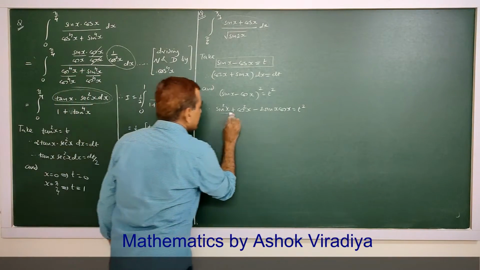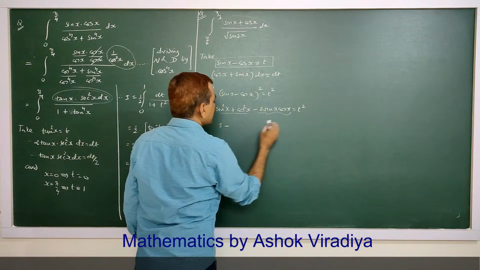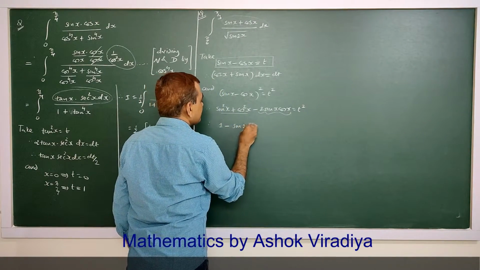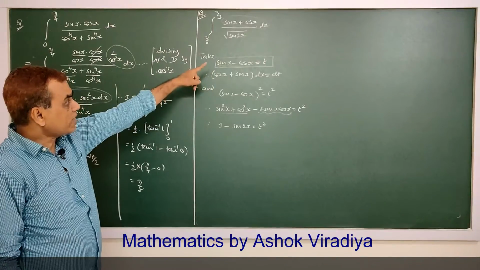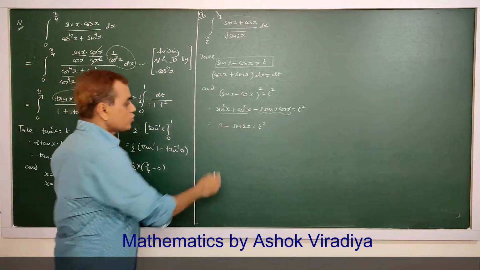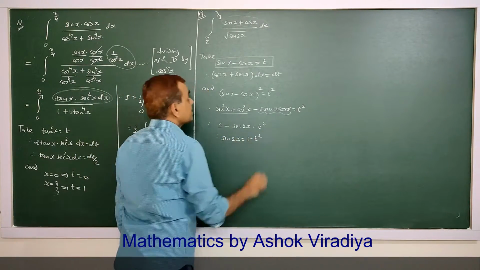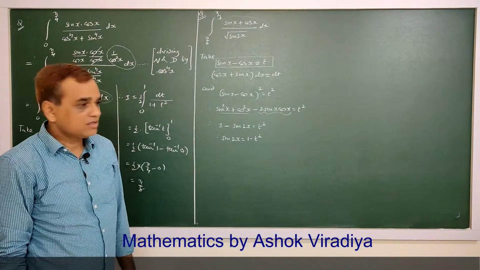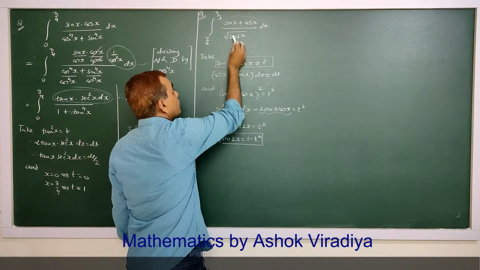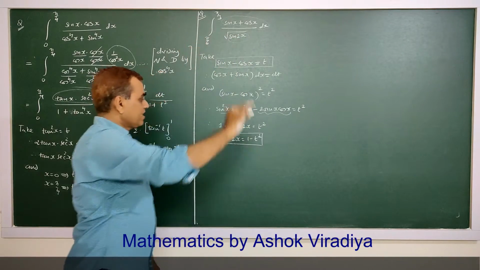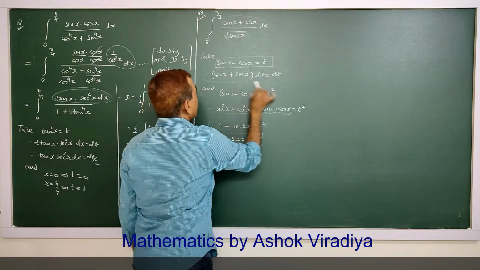Now sin square plus cos square is 1, so 1 minus sin 2x. You can see we get the value of sin 2x: sin 2x is 1 minus t square. This is the value of the term in the denominator. The numerator is already here.